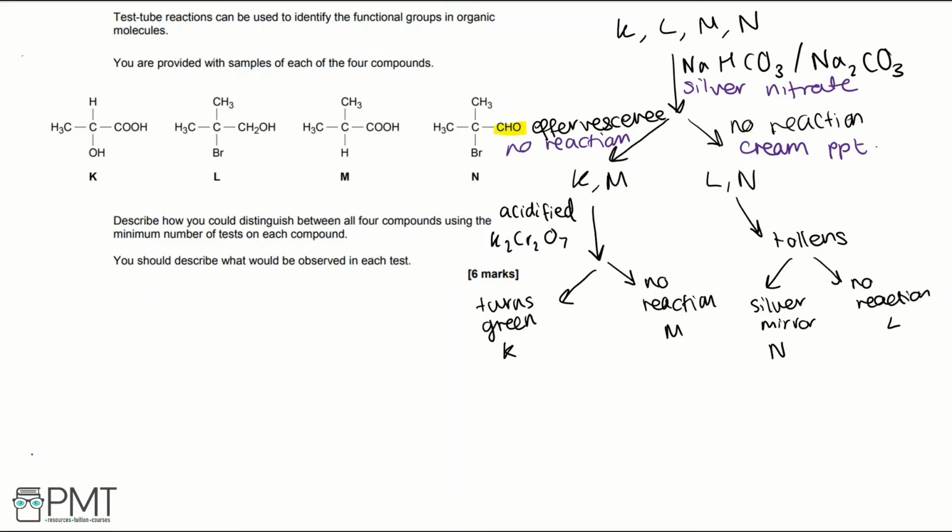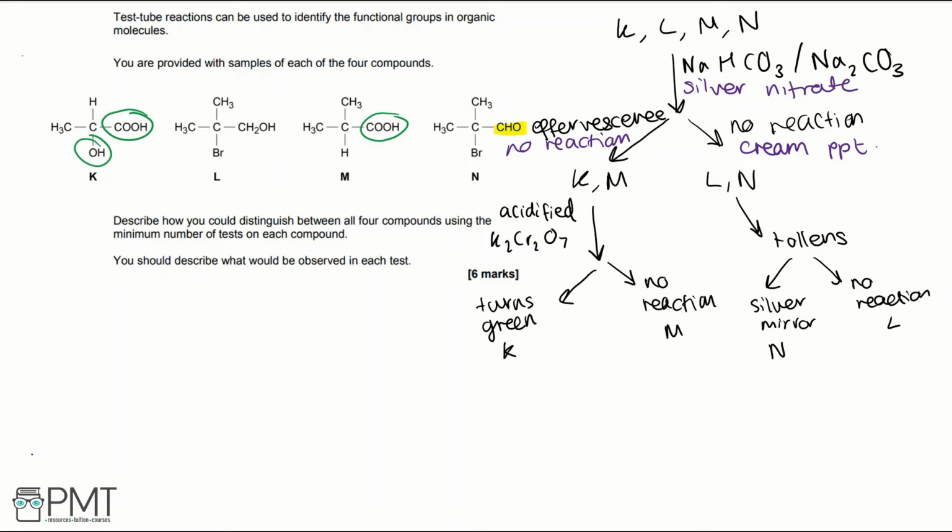So just highlighting the functional groups that we've used: the carboxylic acid in the first stage where we reacted with NaHCO3 or Na2CO3. That's testing for an acid or a carboxylic acid in this case. Then when I distinguish between K and M using acidified potassium dichromate solution, that is using the test for an alcohol or an aldehyde.